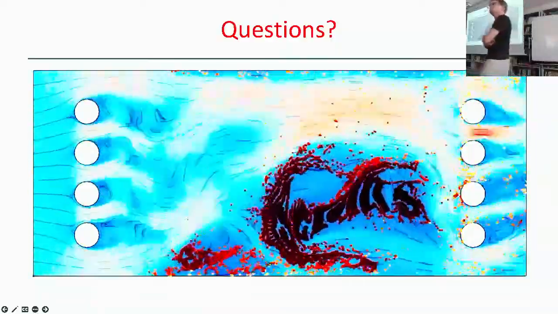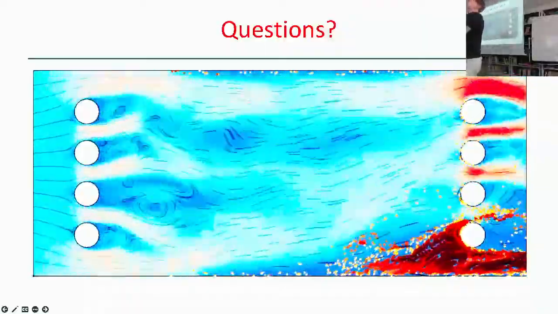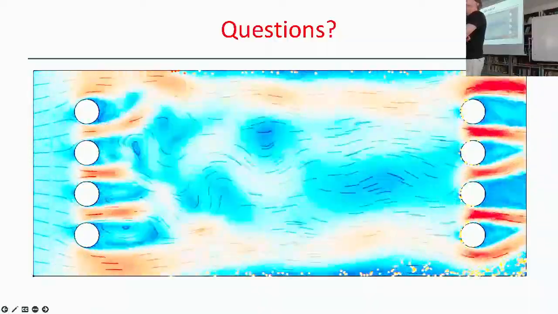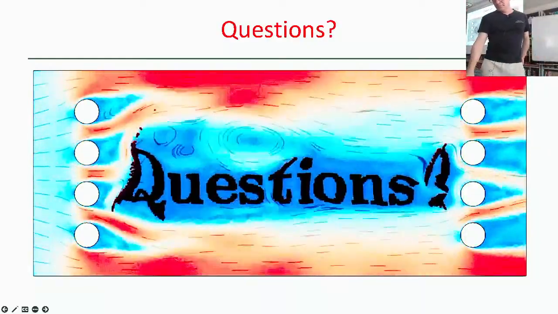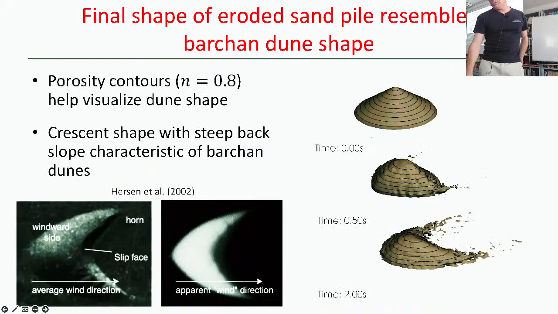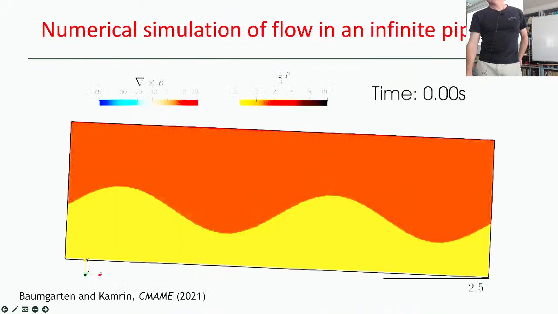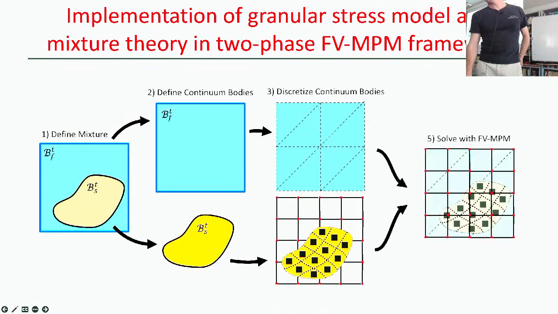It seems that when you have interfaces between phases, like the dense solid phases and the liquid phases, sometimes there is some kind of droplets or bubbles that seems unphysical. Sorry, can you give me an example of which problem? For example, this one. Oh, the dune, this one?